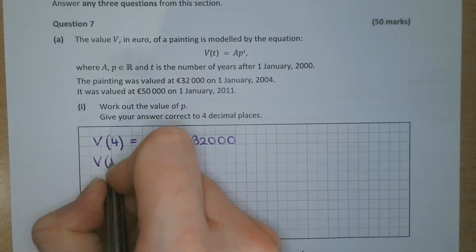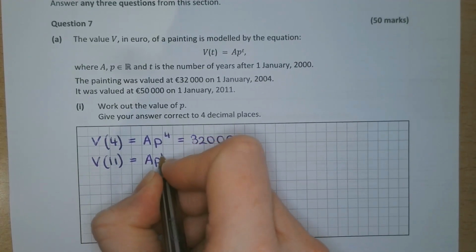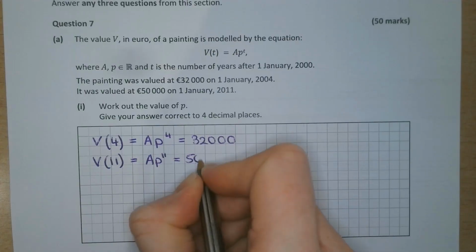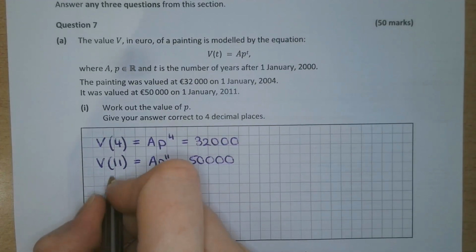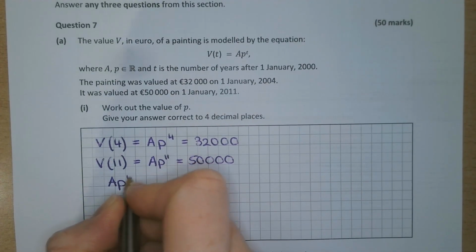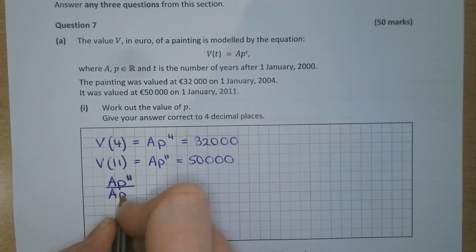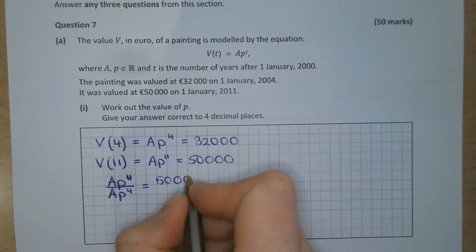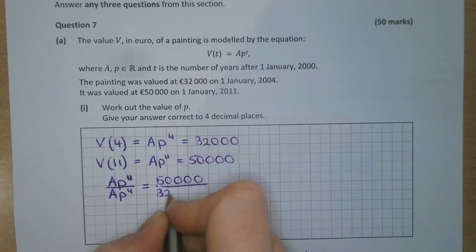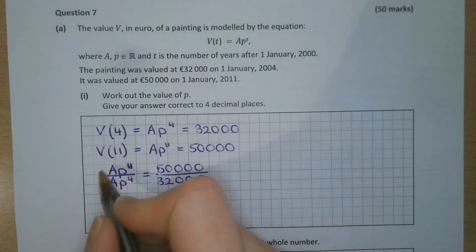We do the exact same thing when T is 11, and we have AP to the power of 11, equal to 50,000. What we can do with that then is say, well, they're in proportion to each other. So if I put AP to the power of 11 over AP to the power of 4, that would be the same as putting 50,000 over 32,000.